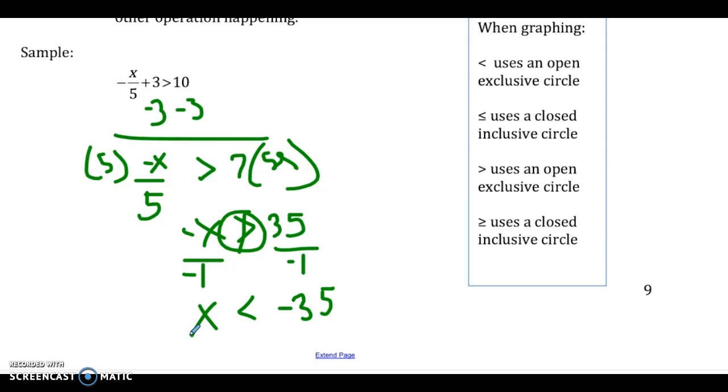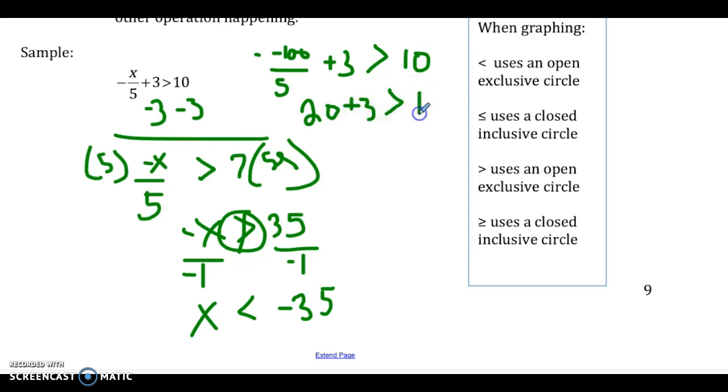Think about a number. I'm going big. I'm thinking negative 100. If I plug in negative 100, because I know that is less than negative 35, into my original inequality for x, and continue to check my work, this results in a positive 20. 20 plus 3, is that greater than 10?